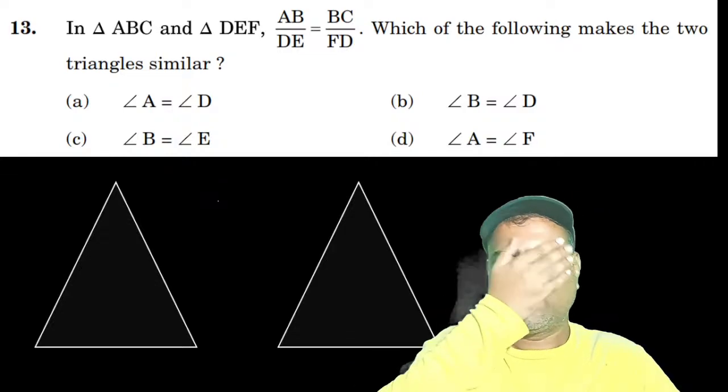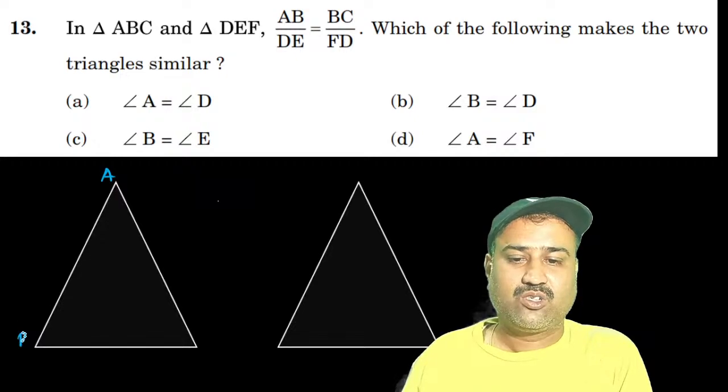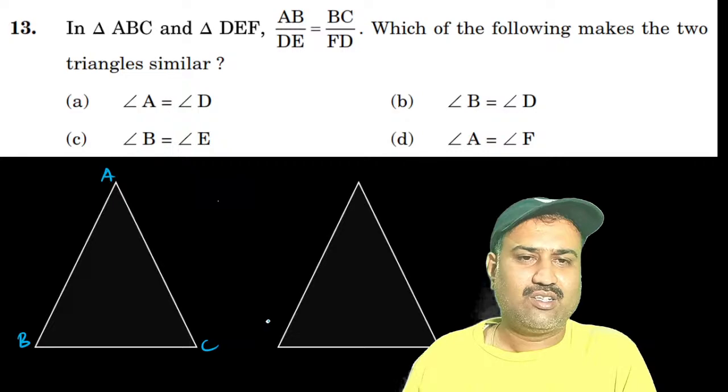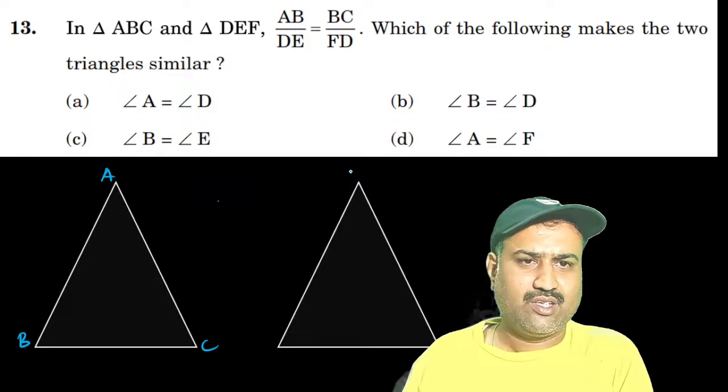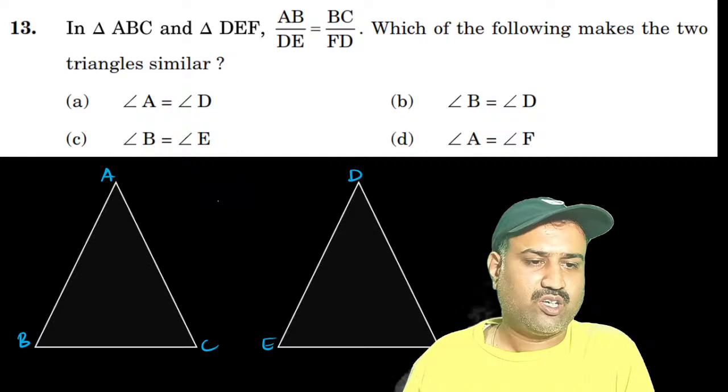Okay. Now, next question. In triangle ABC and triangle DEF, AB by DE, therefore I will take D here. AB by DE is equal to BC by FD. You can take DEF here, right?